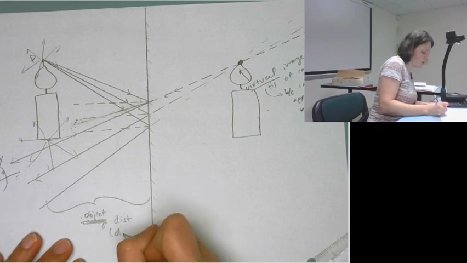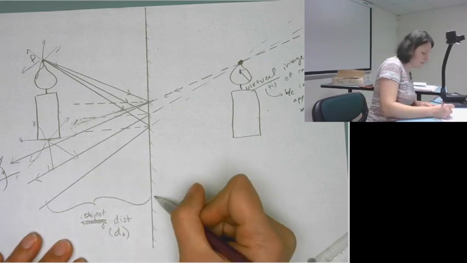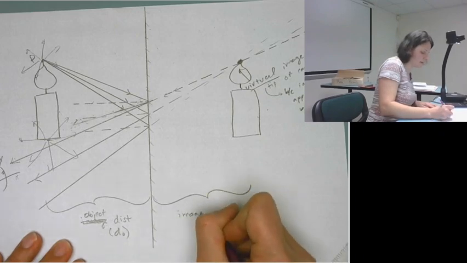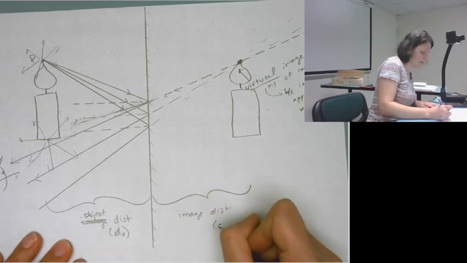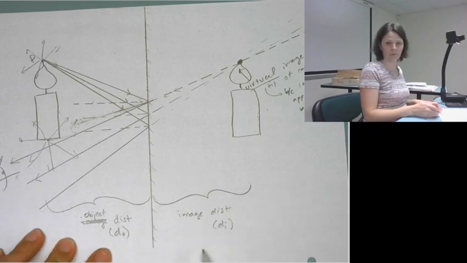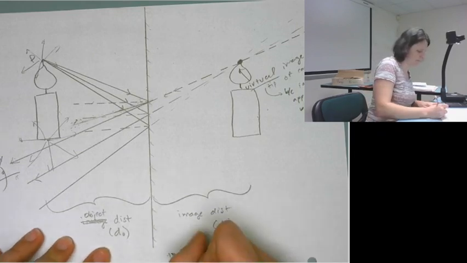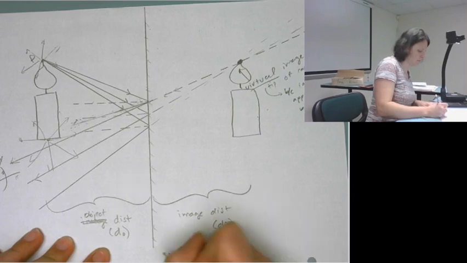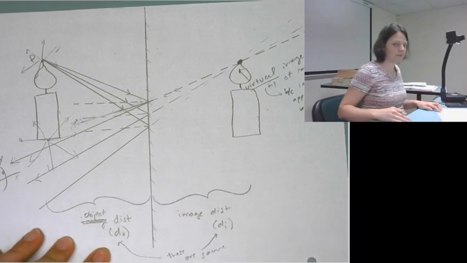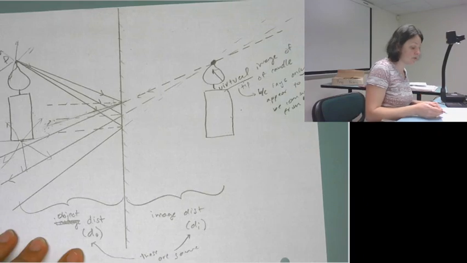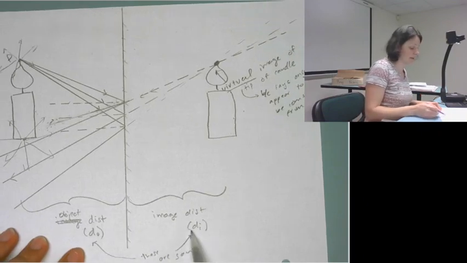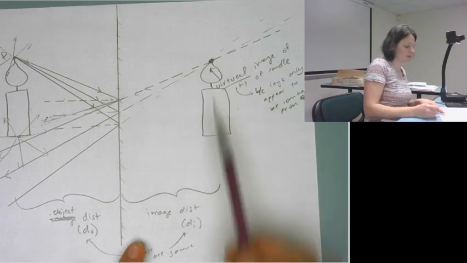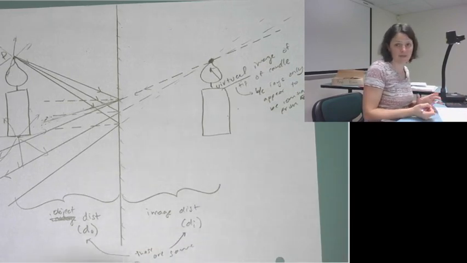We call that DO in the formulas later. And the image distance, DI, they're the same, right? And just to begin thinking about sign conventions, when we use formulas later on in the semester or later on in this chapter, image distances for virtual images will actually be something that we call a negative image distance.